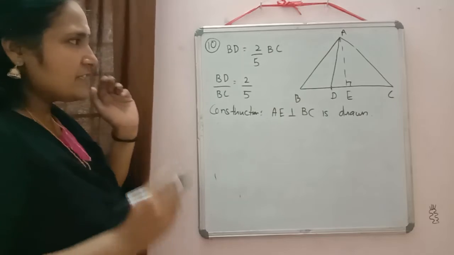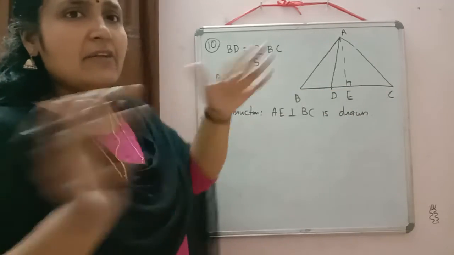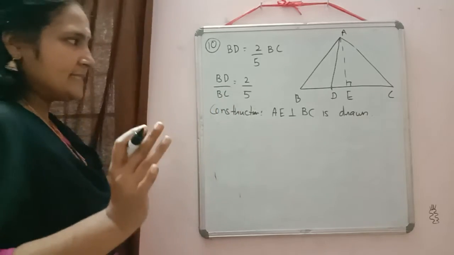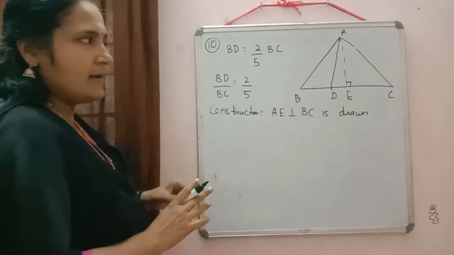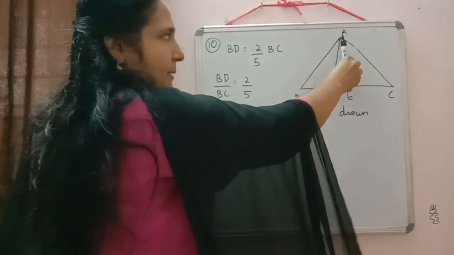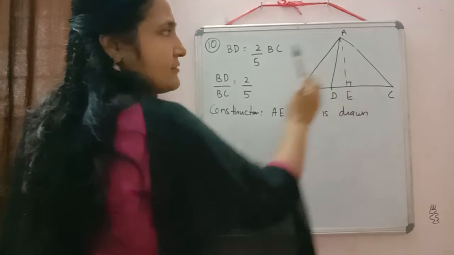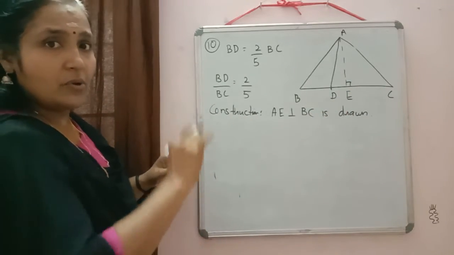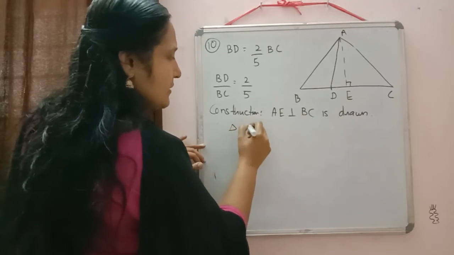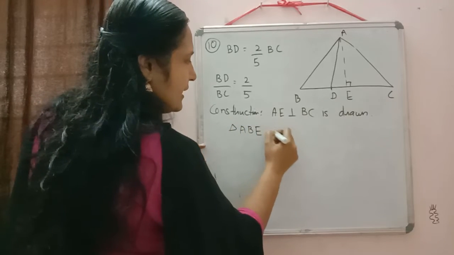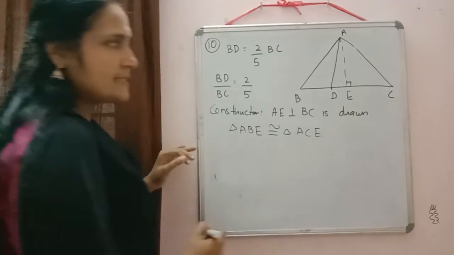Now again, first all the sides, whatever sides are there, we will convert in terms of BC. Which type of triangle is this? Equilateral triangle. So when I have drawn the perpendicular in this way, we can say both these triangles will be congruent. Congruency we are not proving because already so many steps are there in the question. So we know triangle ABE is congruent to triangle ACE.